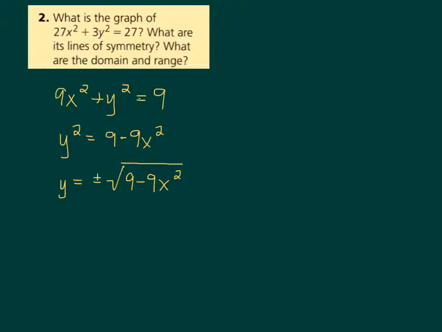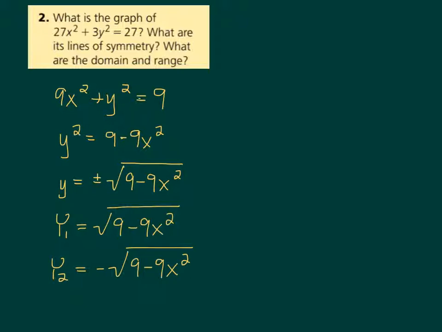So you'd want to say y1 is the square root of 9 minus 9x squared, and y2 is negative square root of 9 minus 9x squared. What we should get is, as we just heard, points at (1, 0), (negative 1, 0), (0, 3), (0, negative 3).